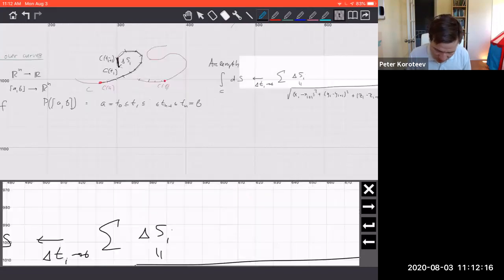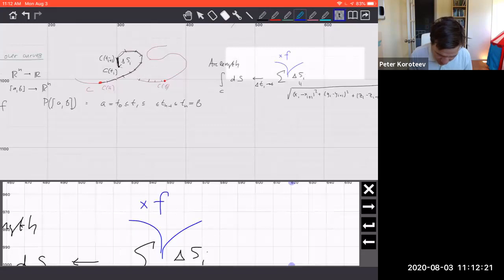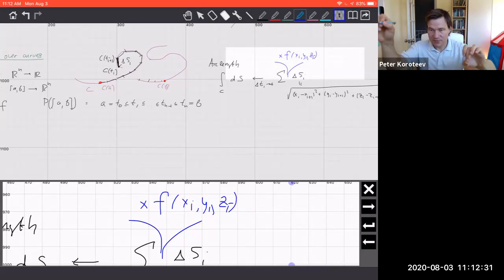The only modification of this procedure is that we multiply by the value of the function f at xi, yi, zi, and we do it for every point that we choose. As we send the mesh of the partition to 0, therefore sending the number of intervals to infinity, we define the integral of function f over the curve.